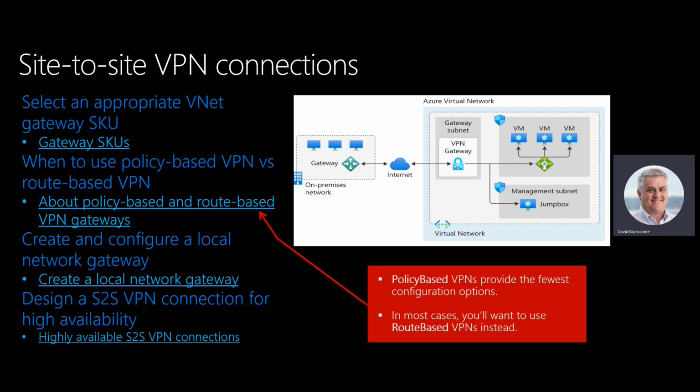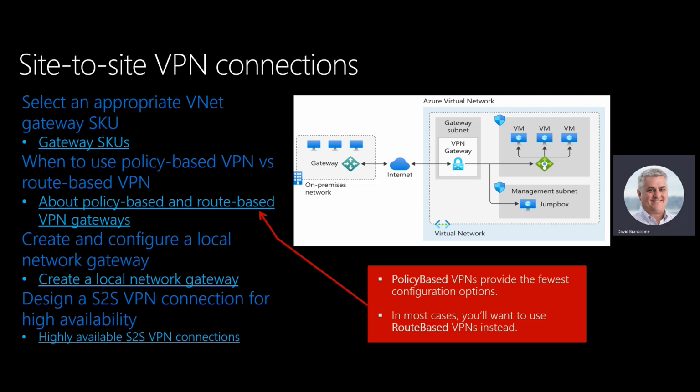You can also only use policy-based VPNs for site-to-site connections and only for certain configurations. Now, because of these different limitations, in most cases, you're going to use a route-based VPN as your preferred VPN gateway configuration.